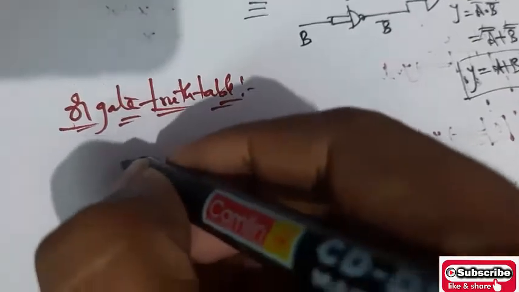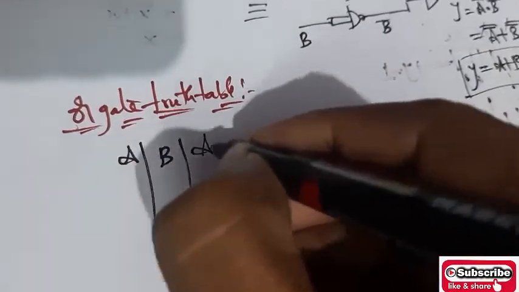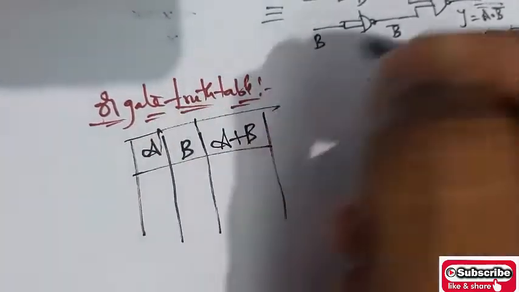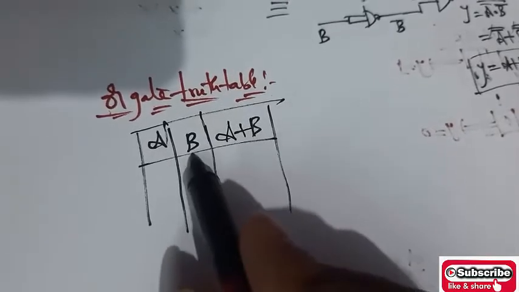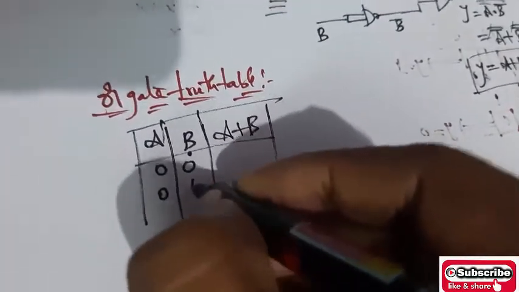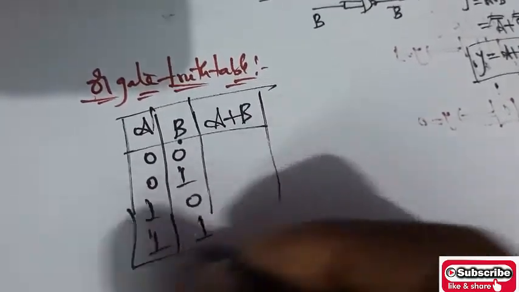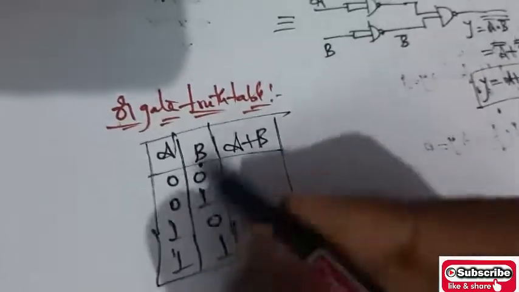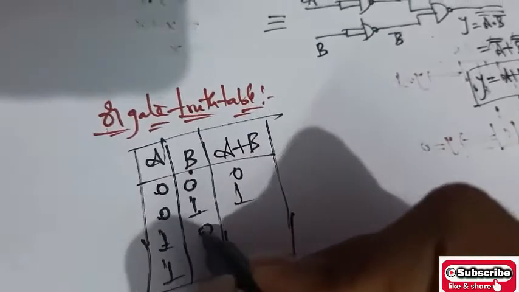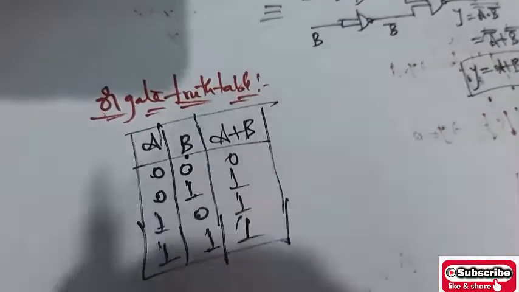If you take the input A, input B, you will get the output A plus B. For 2 input combination, you will get the 4 output combinations: 0 0, 0 1, 1 0, 1 1. 0 plus 0 is 0, 0 plus 1 is 1, 1 plus 0 is 1, 1 plus 1 is 1.